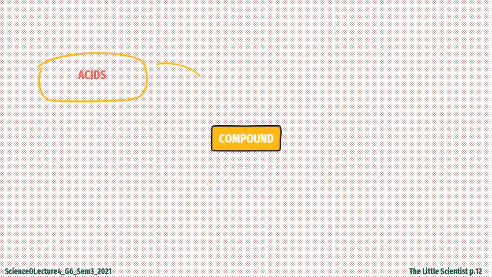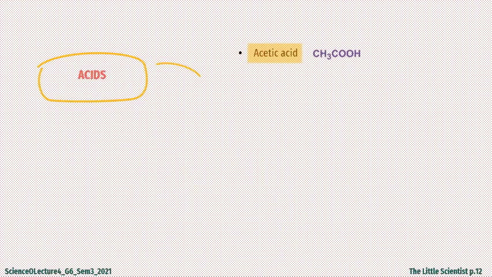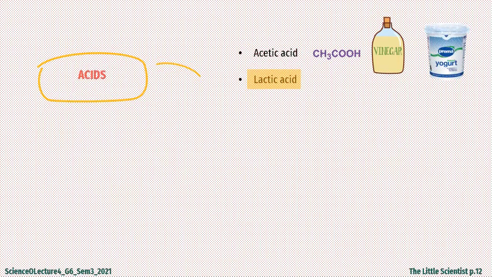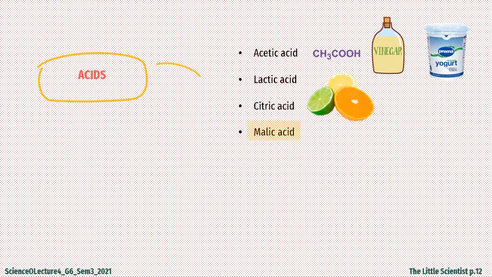Let's take some examples. Vinegar, for example, contains acetic acid. Laban, or yogurt, is rich in lactic acid. You can find citric acid in lemons and oranges, and malic acid in apples.